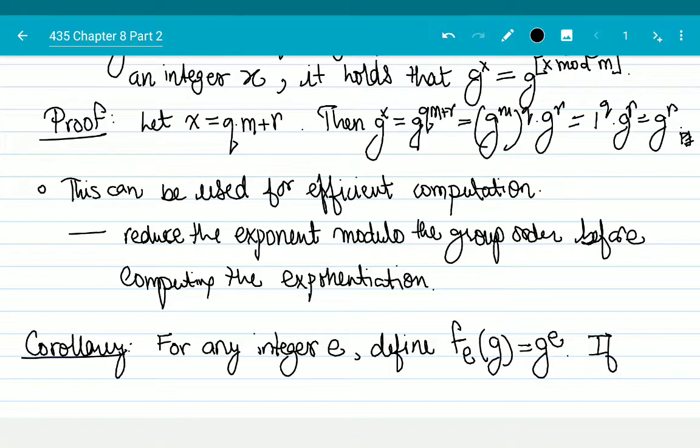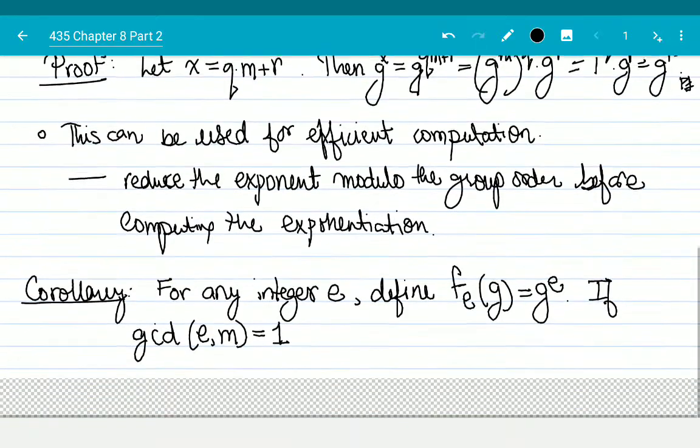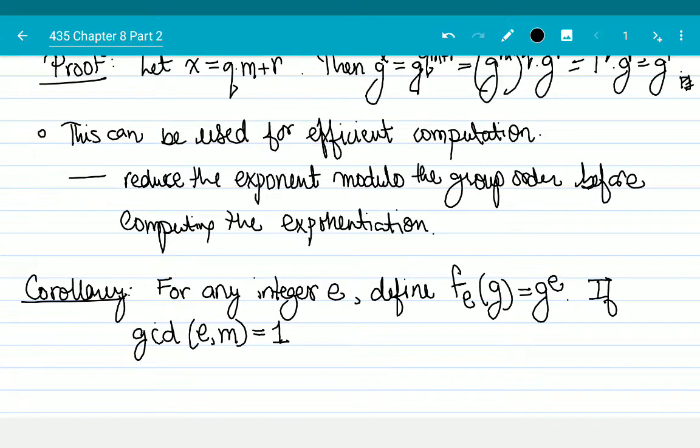Then if GCD of e comma m is equal to 1, then f sub e is a permutation.